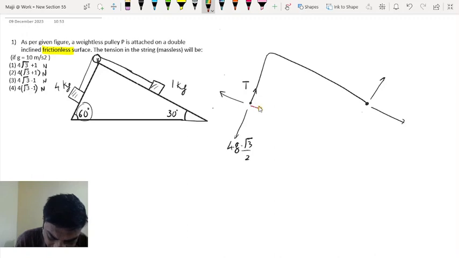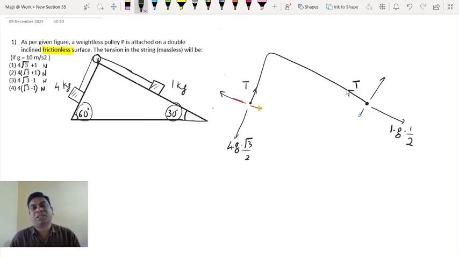The component of weight will be balanced by the normal reaction offered by the inclined surface. Similarly, here also we are not interested in these forces. Here it will be m g sine 30 degrees up. Since the same string is there, you will have the same tension there. Tension remains the same throughout the string.